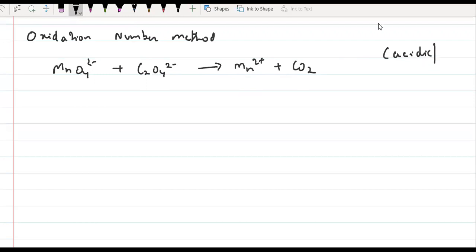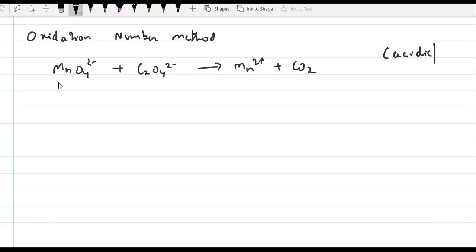In the oxidation method, we are just adding up 2 steps. Because in the ion electron method, we used to write the reduction reaction and oxidation reaction differently, then add them. That gave you better clarity about what is happening, but if you understood that really well, you can just do it at once.